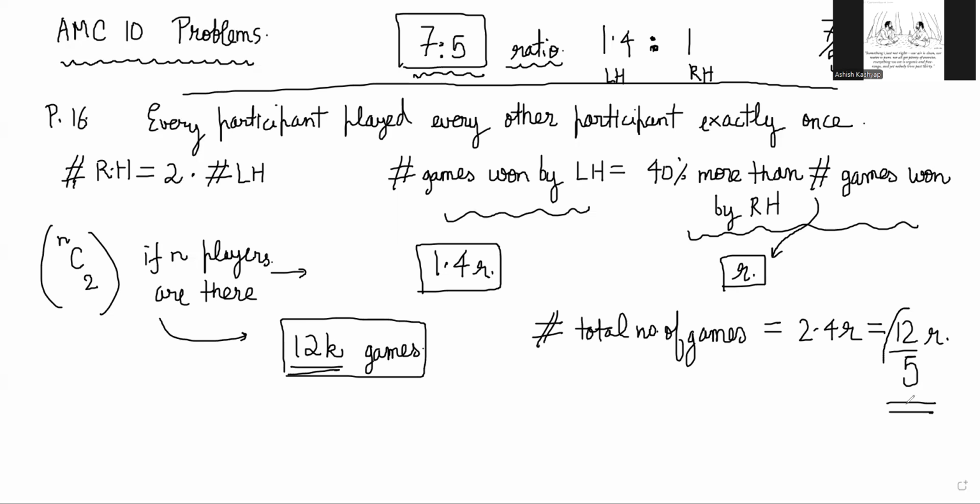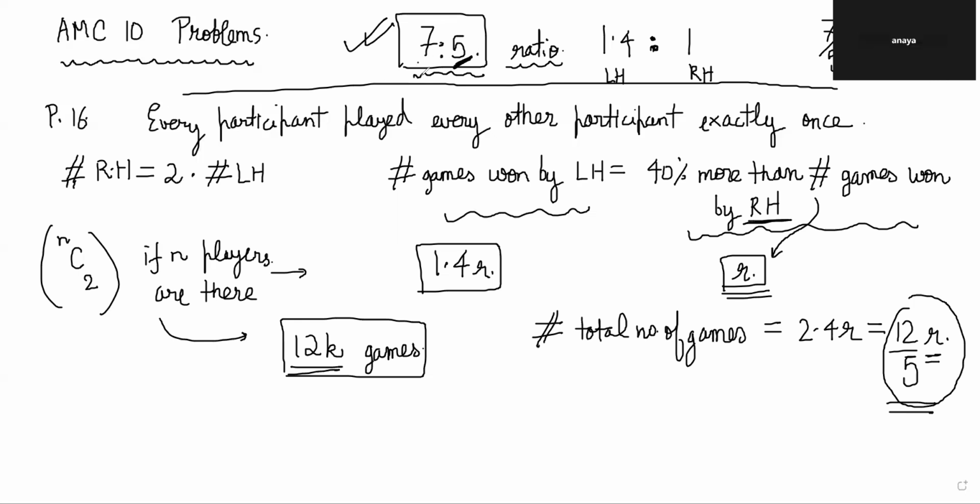This tells us that R is divisible by 5, but we don't need to care about R. We need to care about the total number of games played. R is just the number of games won by right-handed people, which is 5K, which makes sense.